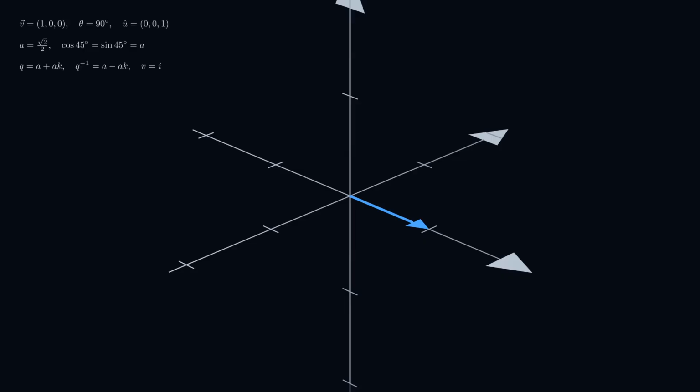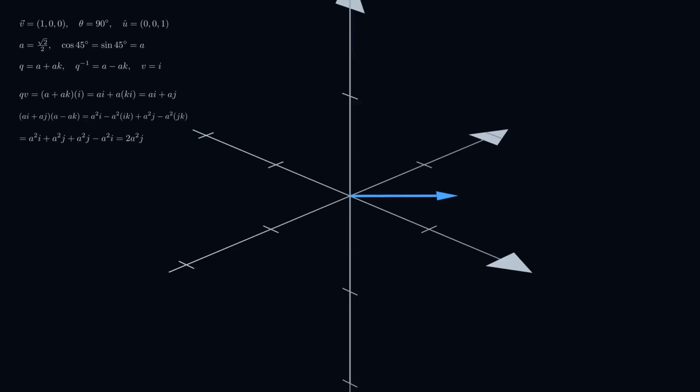V equals i. Step 1. Compute QV. A plus ak times i equals ai plus a times ki equals ai plus aj, since ki equals j. Step 2. Compute that times Q inverse. ai plus aj times a minus ak equals a squared i minus a squared times ik plus a squared j minus a squared times jk.